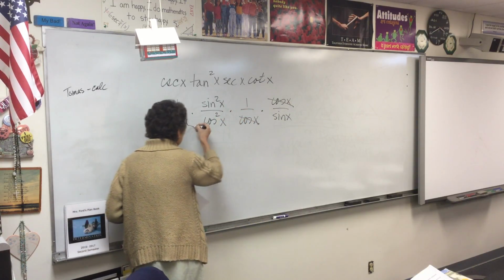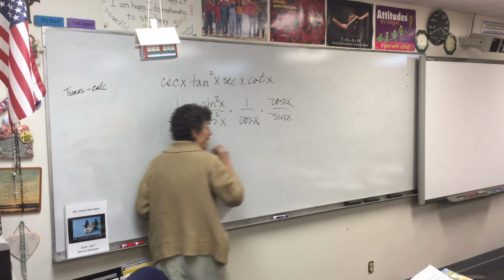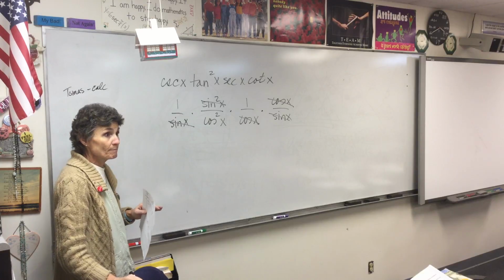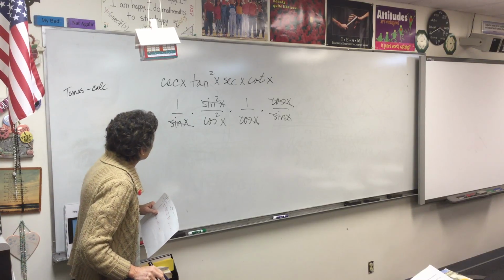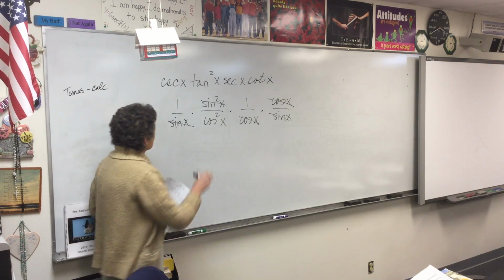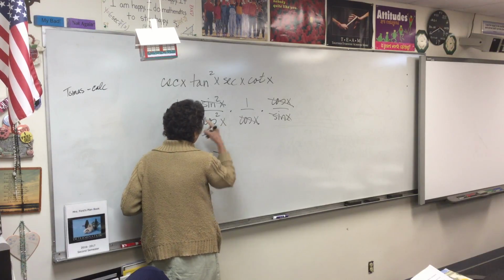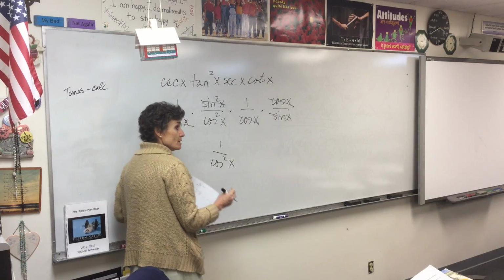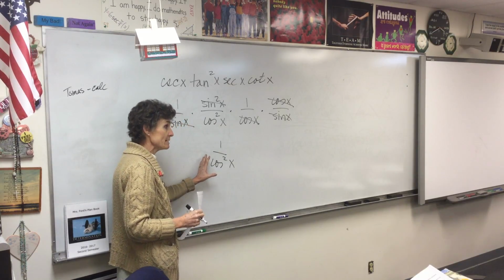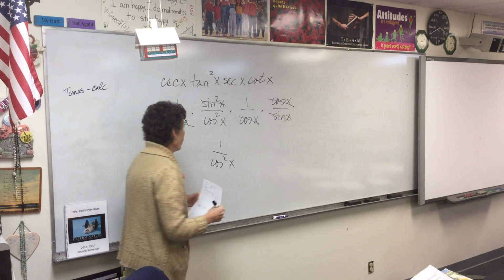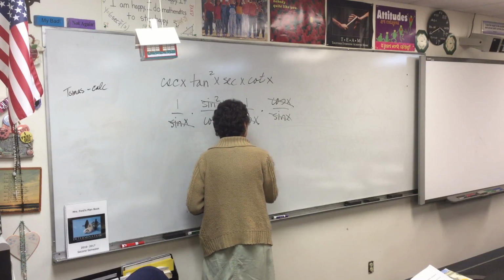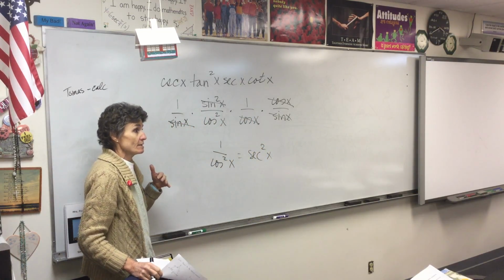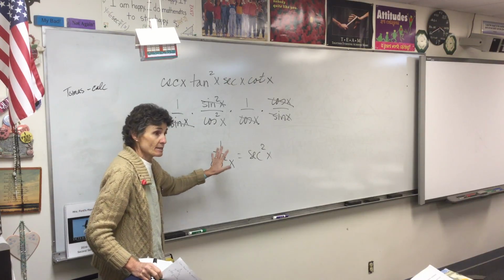I have 2 sines on the bottom that will cancel with 2 sines on the top. I think that's it. So I have 1 on top and cosine squared on the bottom, which you are allowed to leave. That is fine. Or you can rewrite it as secant squared, because 1 over cosine is secant. So either way is totally fine.